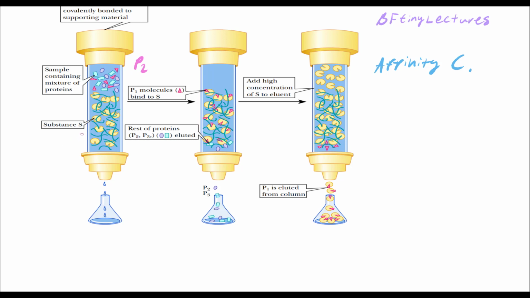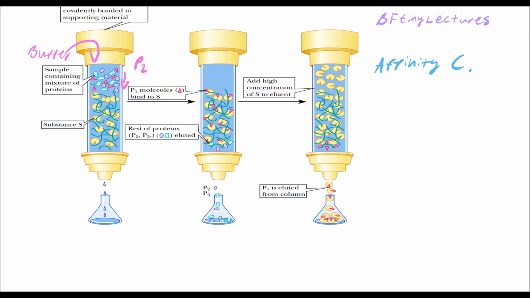Well, what we do is we pack the column again with some substances, okay? I'll give you an example of this later, but let's just say that the substance S wants to bind with the organelles. Now, whenever the protein starts to go down in the mobile phase, that's when I add the buffer into the test tube, and the weight of the buffer pushes it downwards.